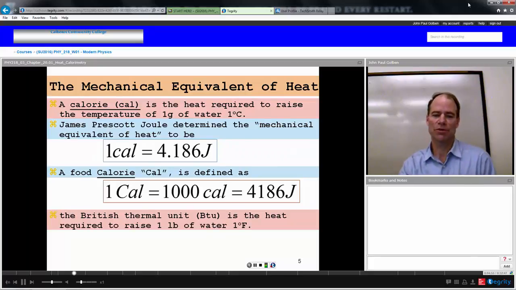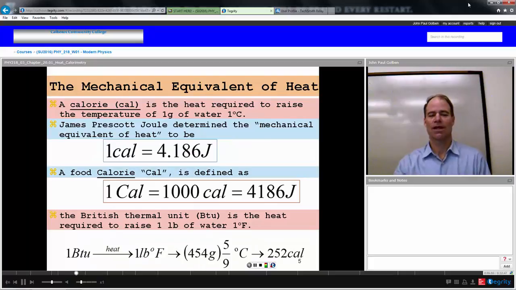The British thermal unit, BTU, is the heat required to raise 1 pound of water 1 degree Fahrenheit. If I had 1 BTU, I would raise 1 pound of water 1 degree Fahrenheit, and on Earth, 1 pound of water corresponds to a mass of 454 grams. 1 degree Fahrenheit is 5/9 of a degree Celsius.